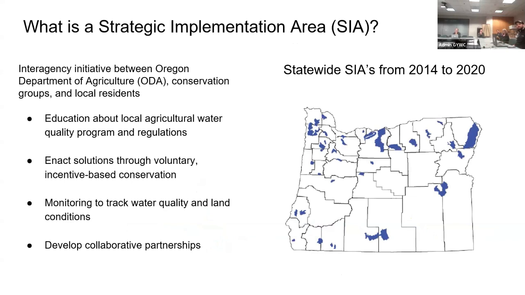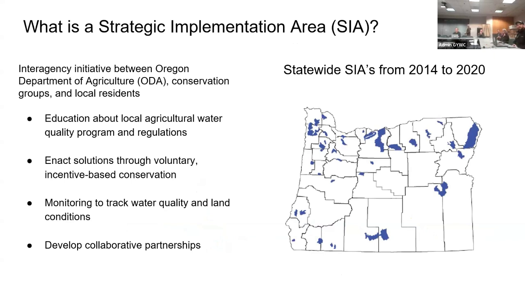ODA started this about 10 years ago, and ODA is designated as a management agency for various federal mandates. And so part of this process was them developing something where they could interact with local constituents to address water quality concerns.